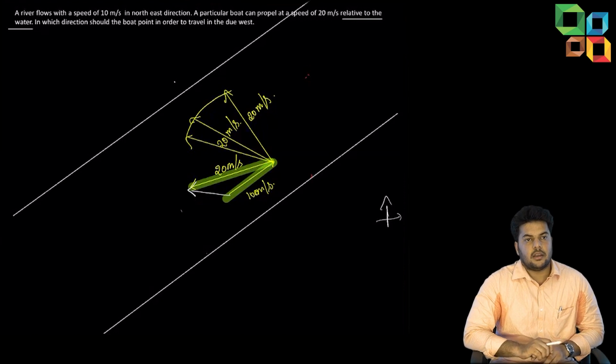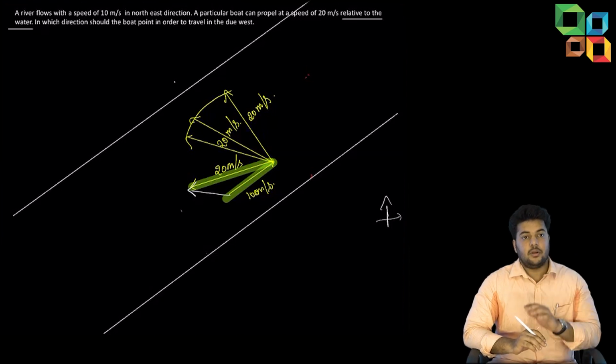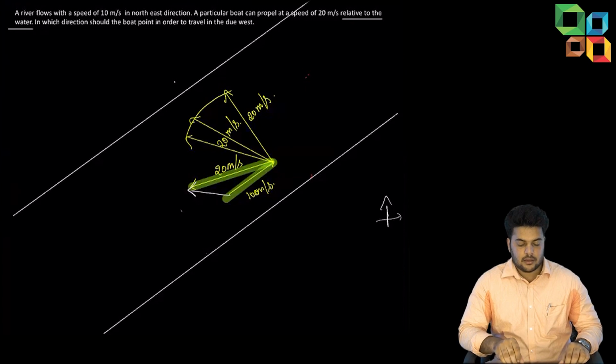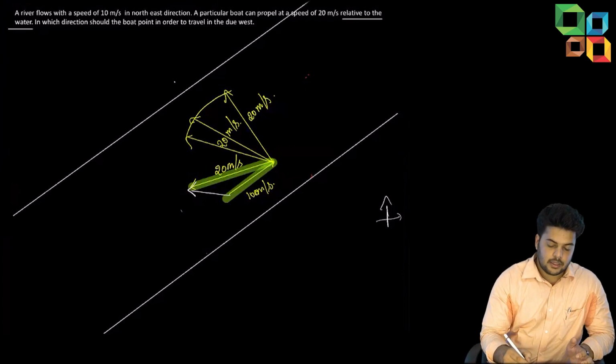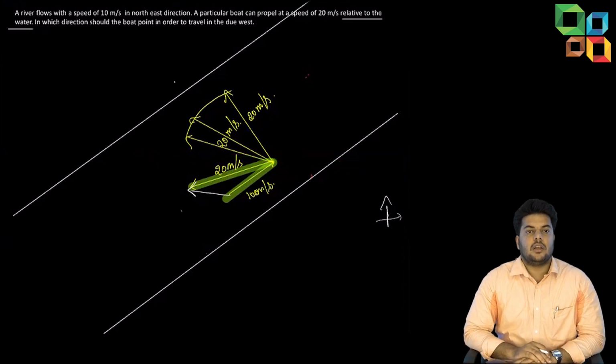I've told you, whenever you come across some new picture, try to get the old picture back. You just have to find this angle. Let me just show it to you. I want you to find this angle. What is that angle? In what direction you have to go?